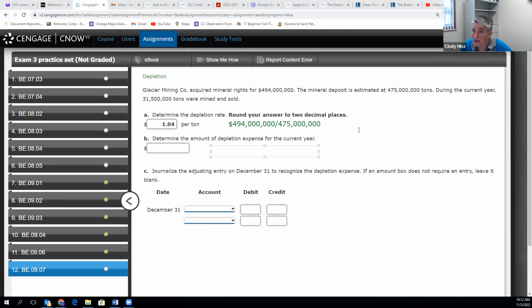The fact that they mined and sold all of this in that same year, that their inventory level didn't change, means that we're going to report for depletion expense $1.04 per ton times the 31.5 million tons. And so the dollar amount that we're going to report as depletion expense would be $32,760,000.